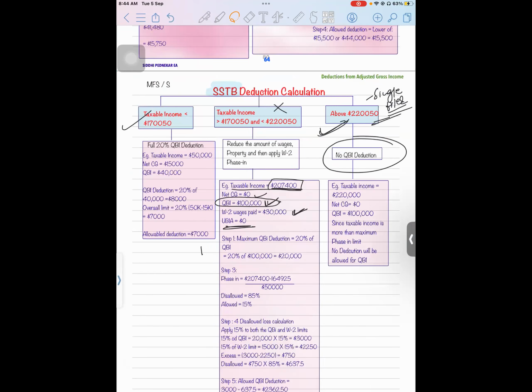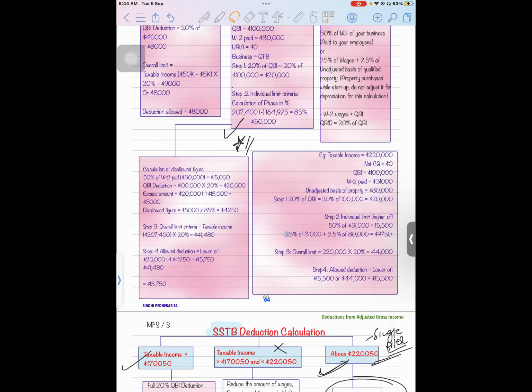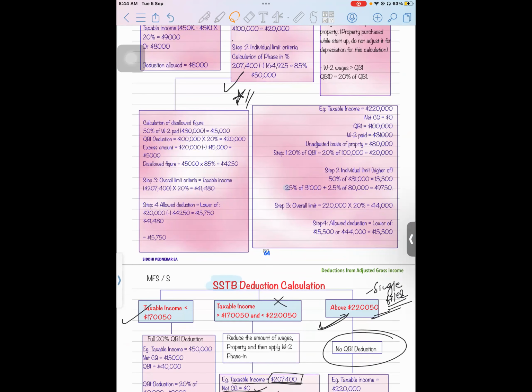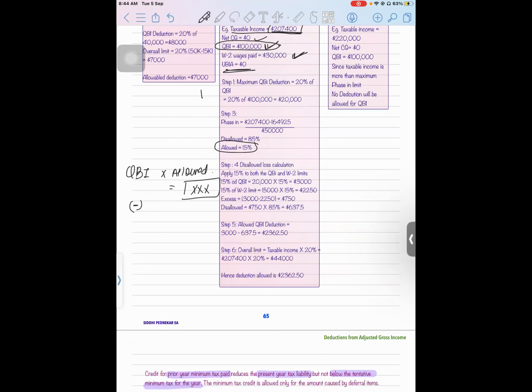Over there, it was simple. Just take a difference and reduce the disallowed percentage, right? Over here, what we are doing, first we are applying this allowed limit to QBI into allowed limit. Okay. So this is your amount which you need to remember later on. Out of this, you are going to reduce something.